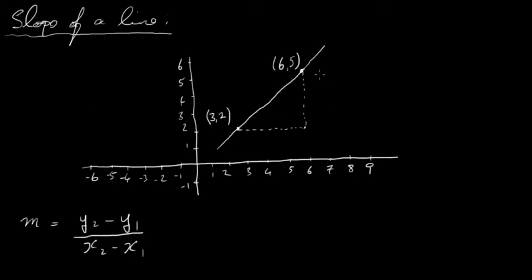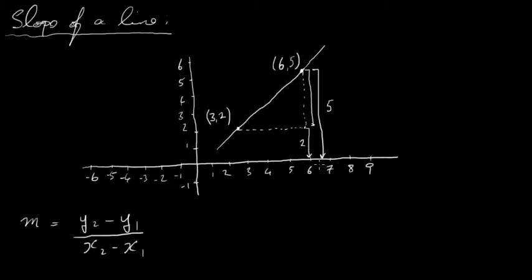Because if you look at this distance here, the distance from here down to here is 5 units. The distance from here down to here is going to be the difference between 5 and this distance here. This distance here is going to be this y value here, which is 2.